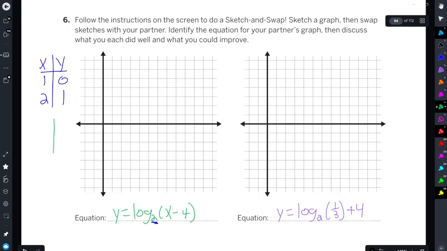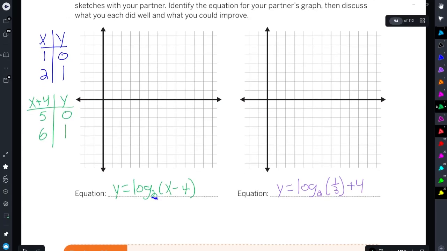Then for our second table, because it's x minus 4, we're going to have to add 4 to all of our x values. So it's going to be now 5 and 6, and still 0 and 1. Again, we don't have any other transformations. There wasn't a 3 in front of the log, so that's why we only have two tables here.